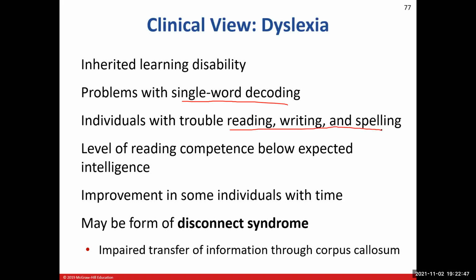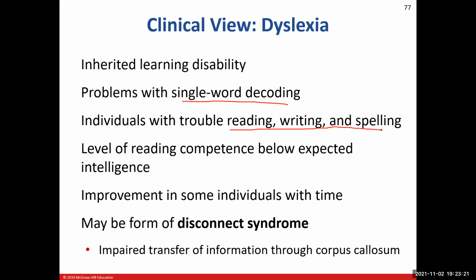All right, but these folks will have issues when they're reading and writing and spelling out words here. Now, here's the thing, okay? Folks that are dyslexic, they don't have reduced intelligence. And in fact, some of these folks that have dyslexia may excel in other areas. Now, granted, reading and writing and spelling might not be very good, but their ability to speak. My roommate, for example, was a very articulate and eloquent speaker. It's like a blind person gets better at hearing, because other senses kind of step up a little bit.